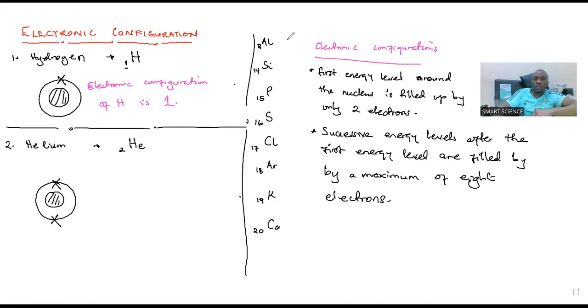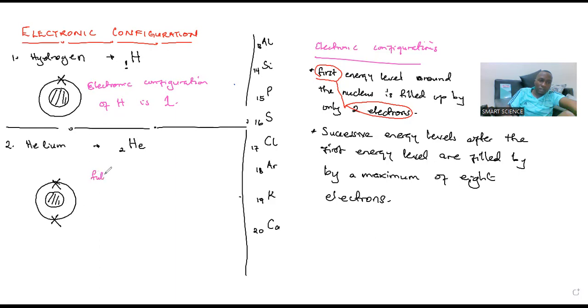And since we said from here that the first energy level is filled up by 2 electrons, it means the energy level of helium is fully filled.